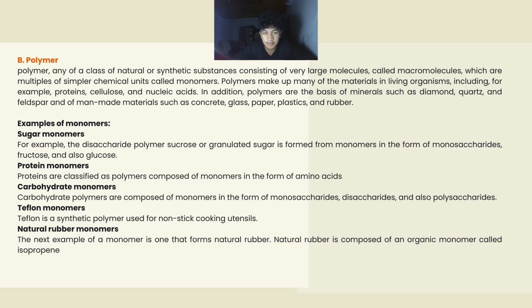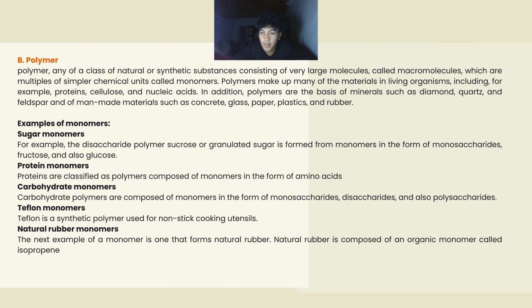Next is the composition of polymer. Polymer is any of a class of natural or synthetic substances consisting of very large molecules called macromolecules, which are multiples of simpler chemical units called monomers.